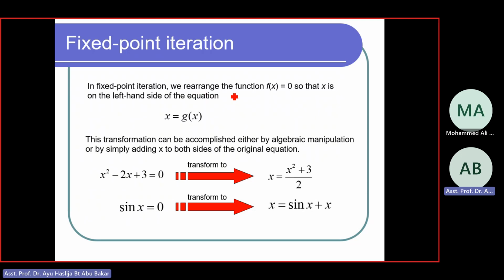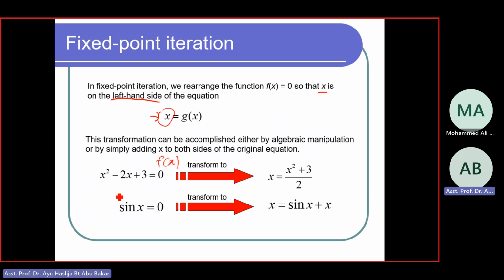In fixed point, we rearrange the function f(x) equals 0 so that x is on the left-hand side, equals to g(x). For example, we have this equation. This is your f(x). In bracket method last time, this is the equation that we were looking for, f(x) equal to 0.